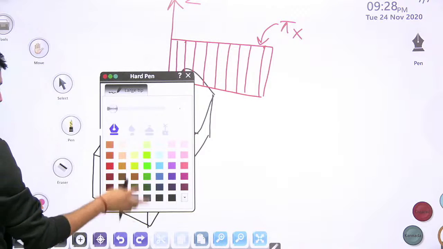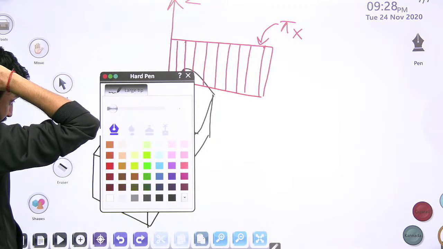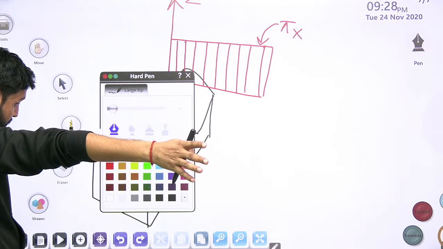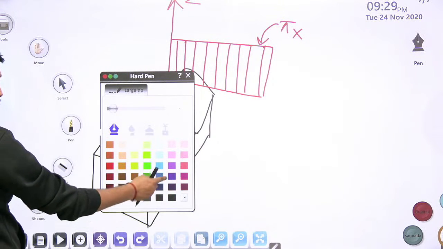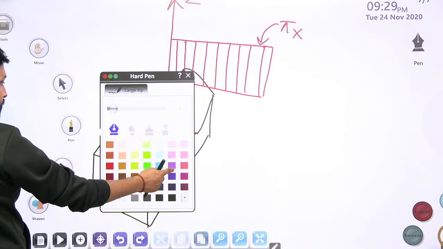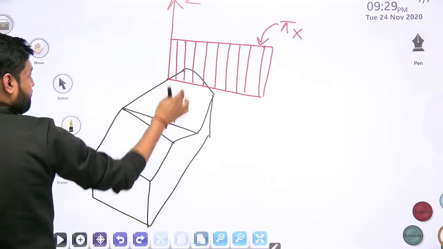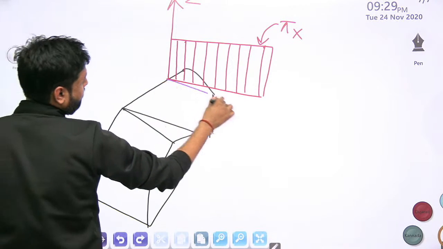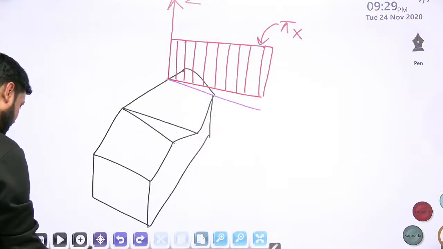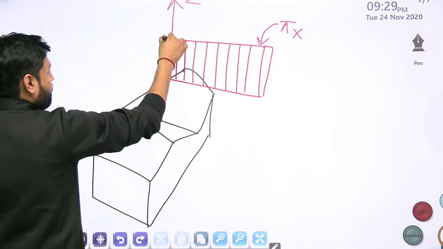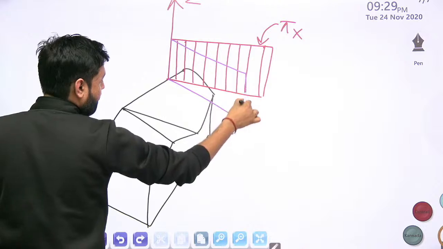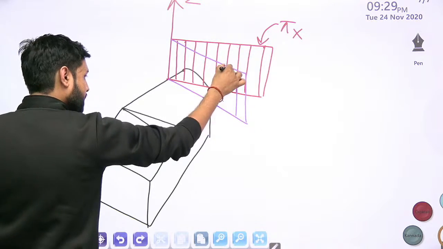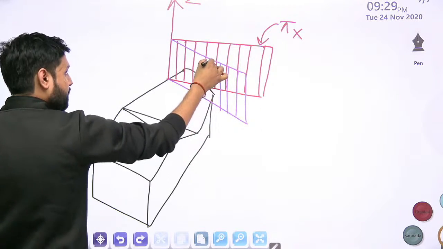So let me choose another color which is visible to you. Let's choose this color. Yes, it will work. There is this another plane. Look at this plane now.